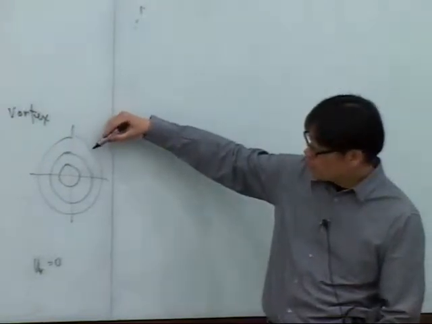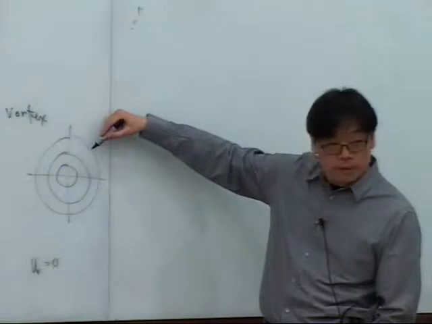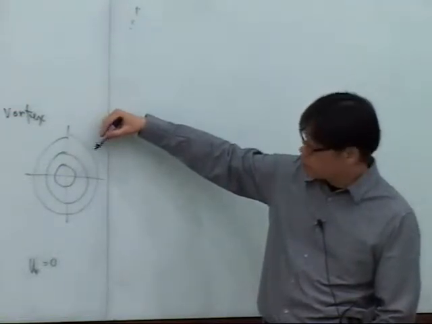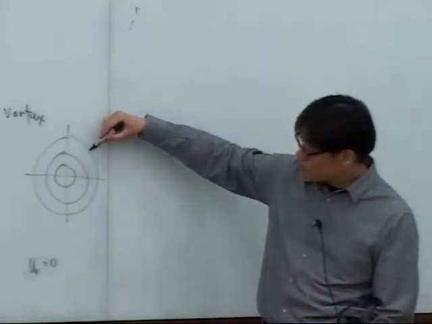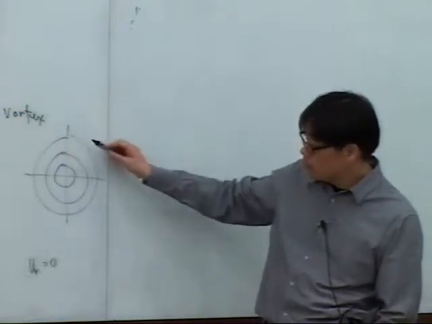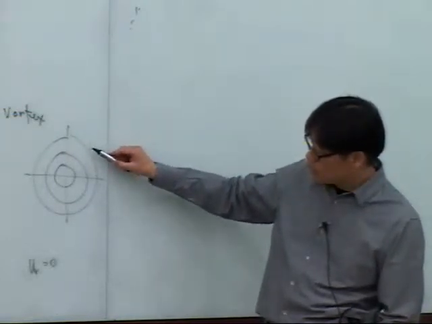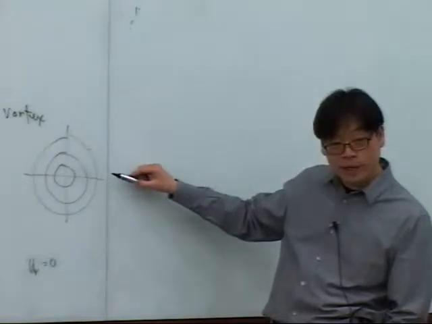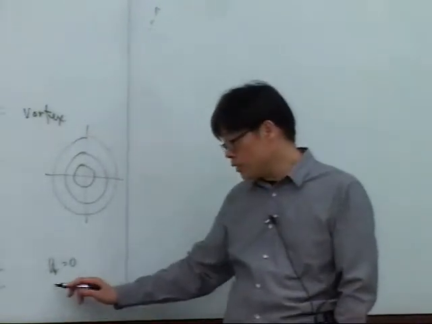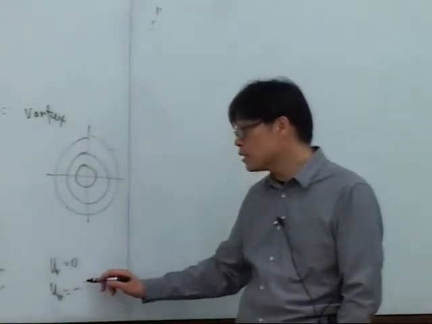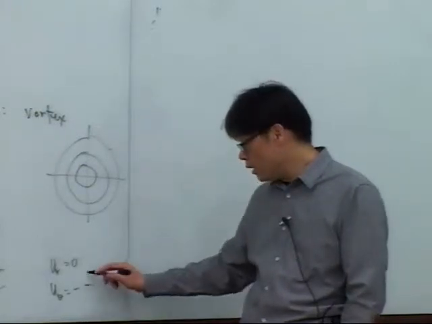So you cannot have any velocity which is normal to the streamlines. The velocity vector has to always be tangent to the streamlines. So flow can go either this way or that way. And so U_R is 0.